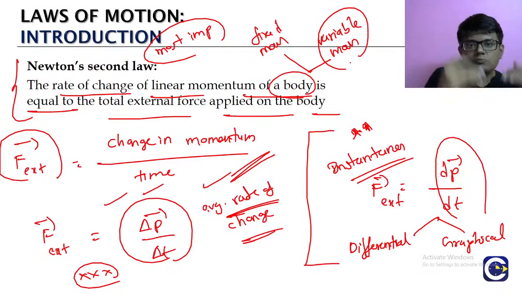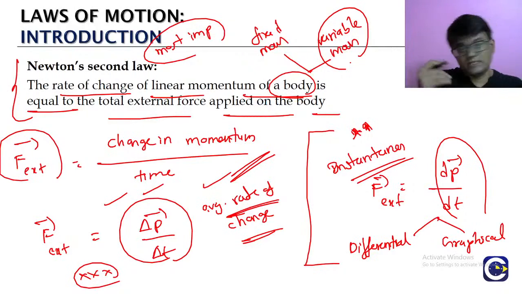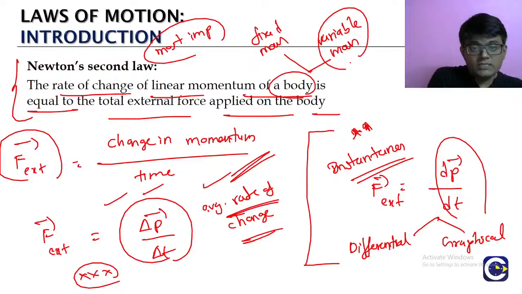Means as the rocket is moving forward, the mass of the rocket is going to keep on decreasing, isn't it? Because the fuel is coming from within the rocket only. So those kinds of bodies are examples of variable mass objects. So when you look at an object or a body, it can have a fixed mass, which is the case in most situations, or a variable mass, like the example of the rocket.